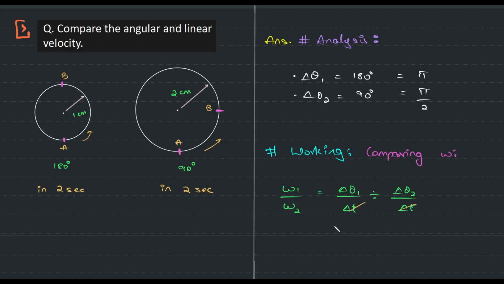So t gets cancelled since the time is the same. Not everywhere it will be the same. If it was, I'll take it as 1 and 1, because you guys should not cancel it for the sake of it. Because delta t1 is equal to delta t2 and both of them are equal to t, that is 2 seconds.